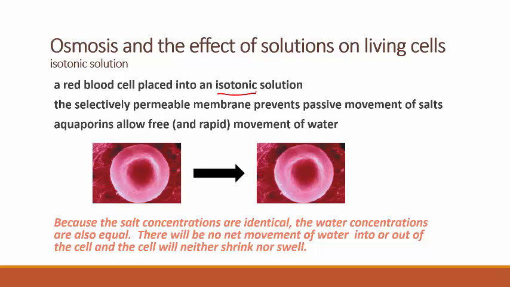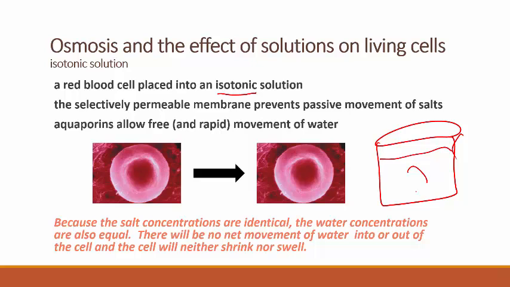But because the salt concentrations are equal or identical, the water concentrations in both the cell and in the solution that we put it into are also equal. And there is no net movement of water either into or out of the cell.